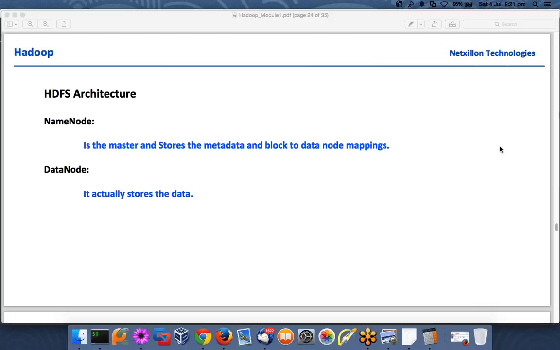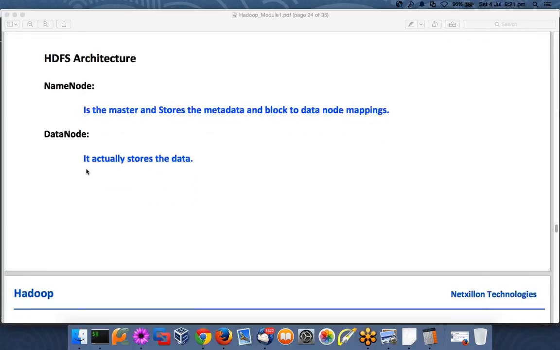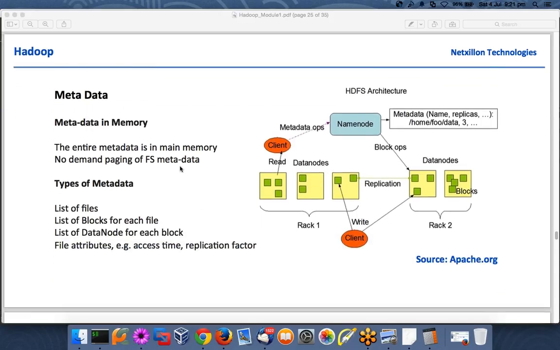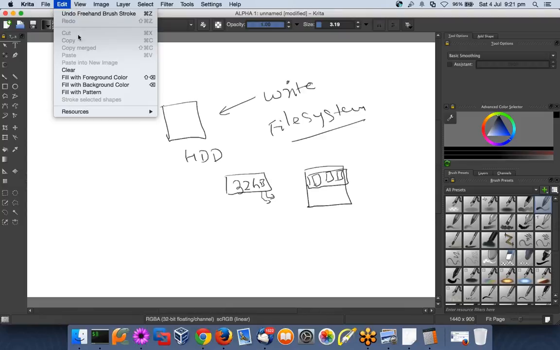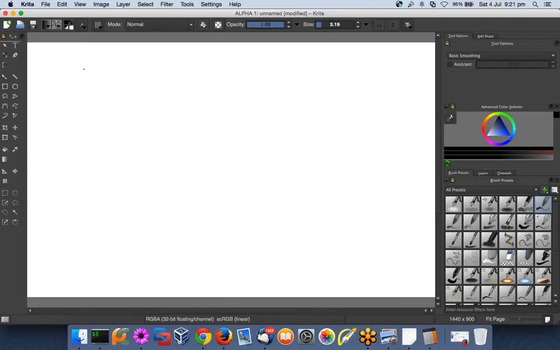We call them slave nodes. So the name node is called the master node, which will store all your metadata, and your data nodes are called your slave nodes, which will actually store your data. Let me explain how it will be. Let's clear the screen.